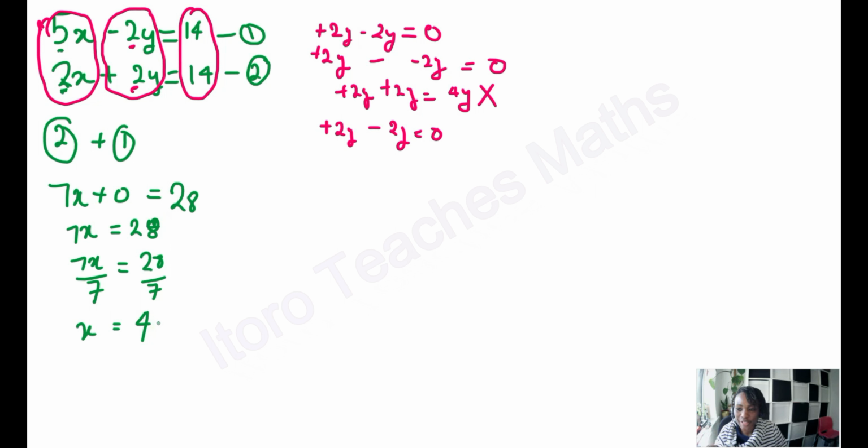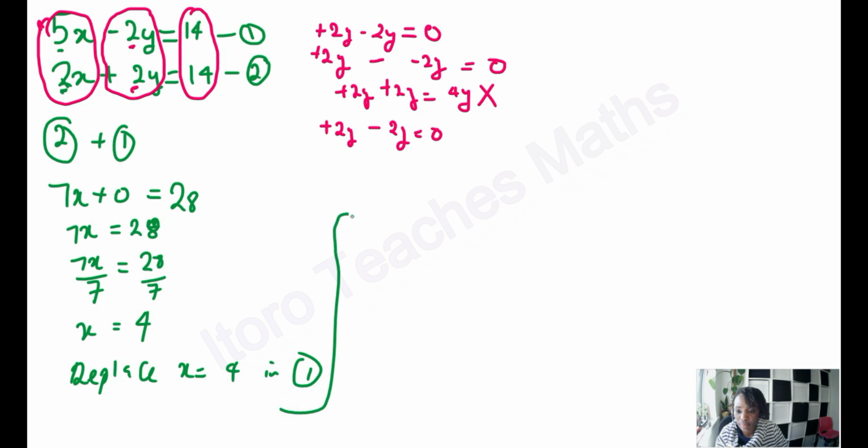And at this point, we can do some substitution. So now let's put x into equation 1. We're going to replace x equal to 4 in equation 1. And you can do this for either equation. So we're going to move up here and continue over here.